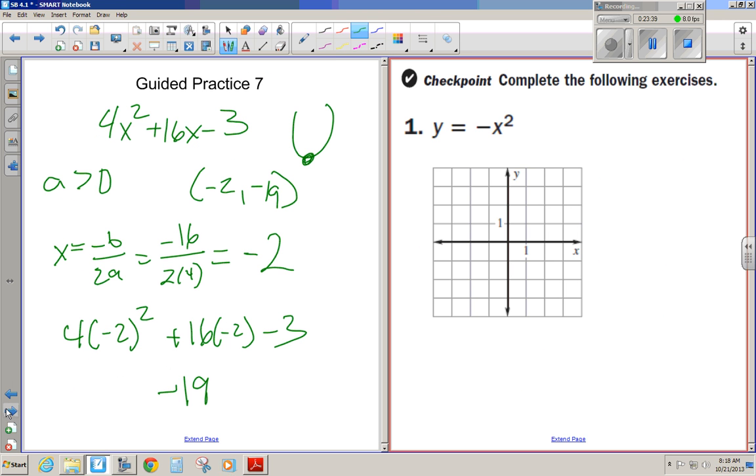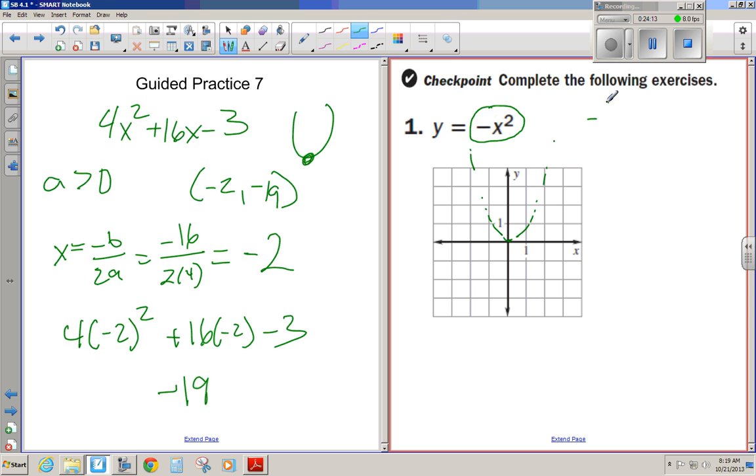All right, let's try some of these now. We've got 4 check your understandings or checkpoints. Graphing this, you can use a table of values. You could look at this and say that this is just a parent function flipped upside down. So the parent function looks like this. Flipping it upside down because of the negative.